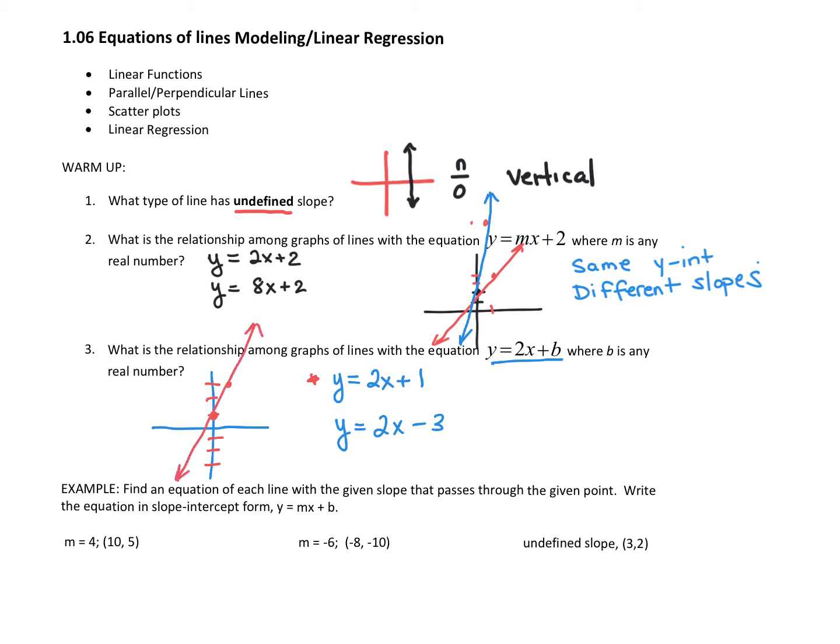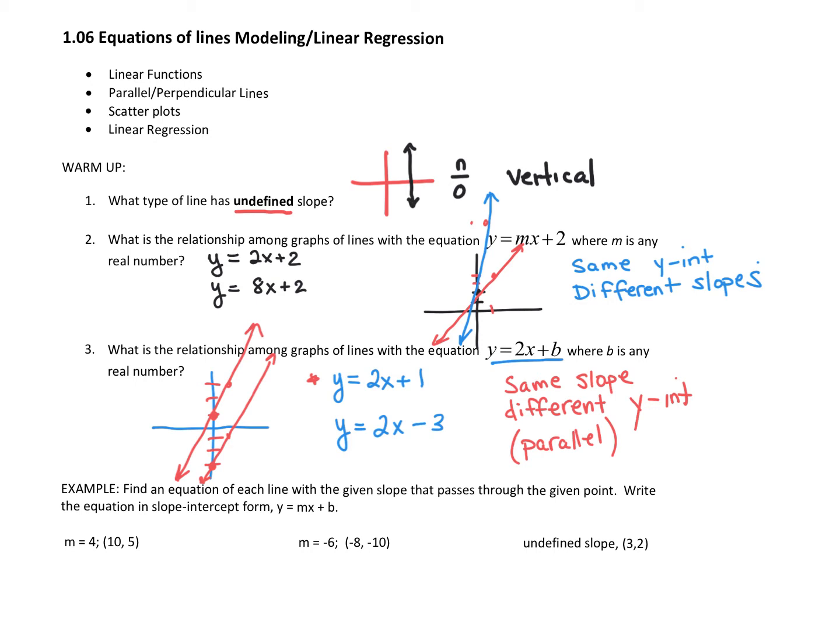And if I plot 2x minus 3, I plot the minus 3, go up 2 and over 1, and I get this line. So in this case, they have the same slope, but they have different y-intercepts. And you might notice that that means that these two lines are parallel. They're never going to cross. They're kind of like railroad tracks.